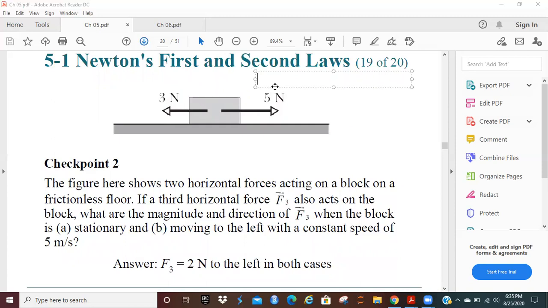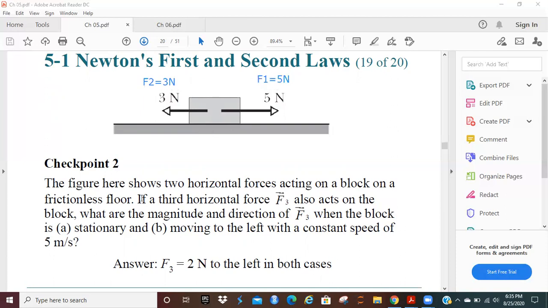I'm going to call this right here F1, and that's going to be equal to 5 newtons. Over here, I've got another block. This is going to be F2 is equal to 3 newtons. Okay.